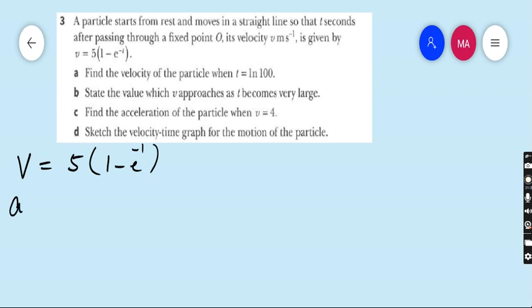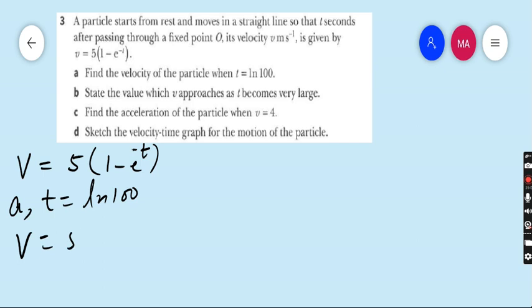Part A. Find the velocity of the particle at t equals ln 100. Obviously, this is t. So t equals ln 100.